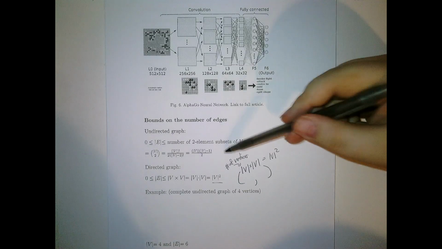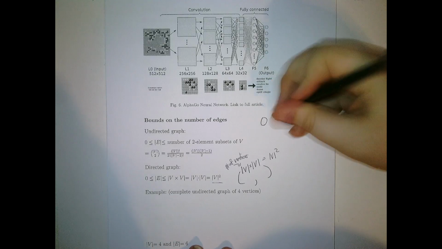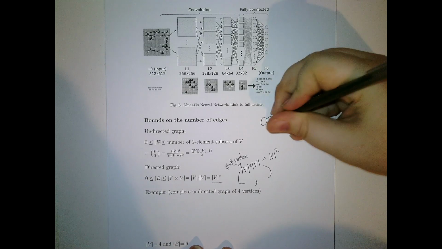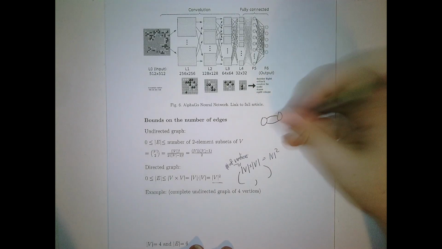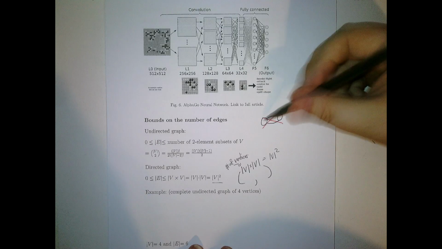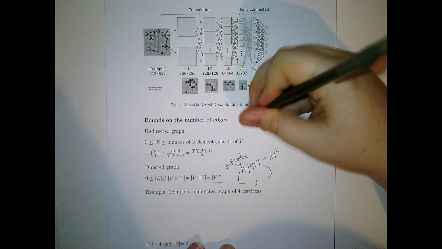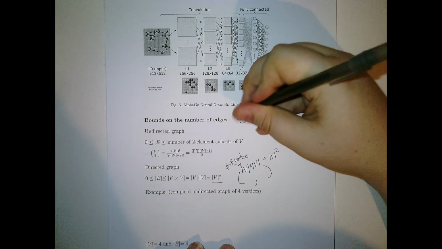But what about an undirected graph? Is this significantly less? Because now with an undirected graph, I can't have connections of this form, right? I can't have any duplicated connections, and that means you'll never have two connections between a pair of nodes. Also, it turns out in an undirected graph, you can't have self loops.